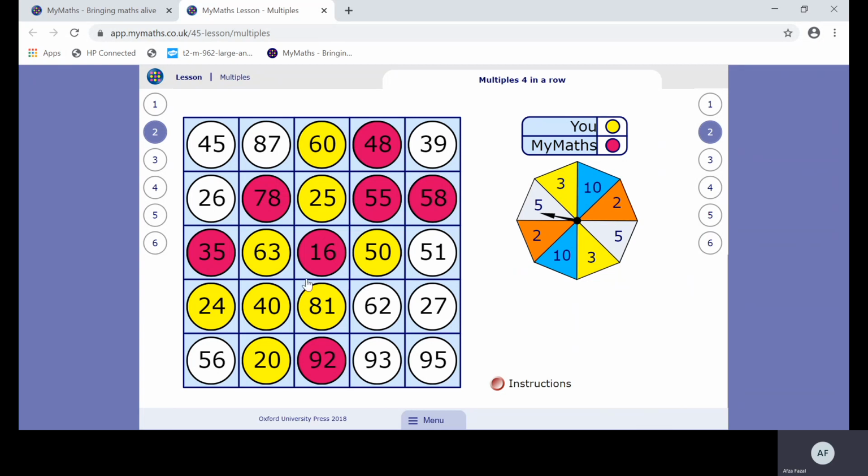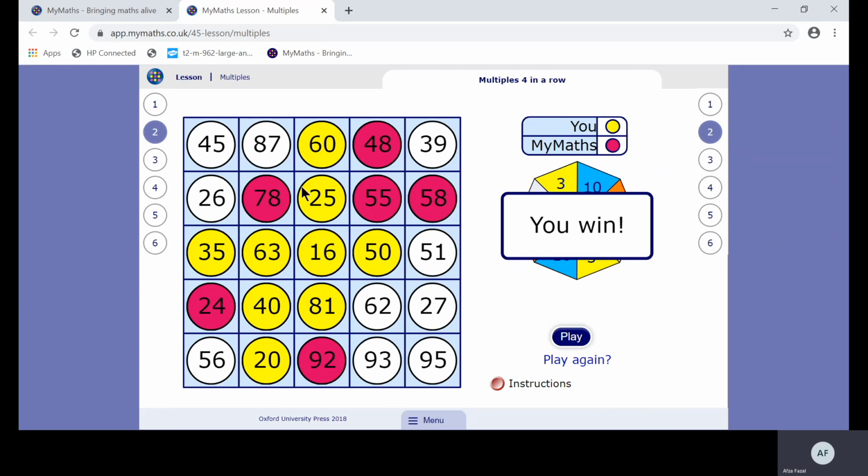Multiple of 5. Remember, multiple of 5 ends in 5 or 0. Multiple of 2, 16. So I've got 4 there and 4 there. So just practicing your multiples.